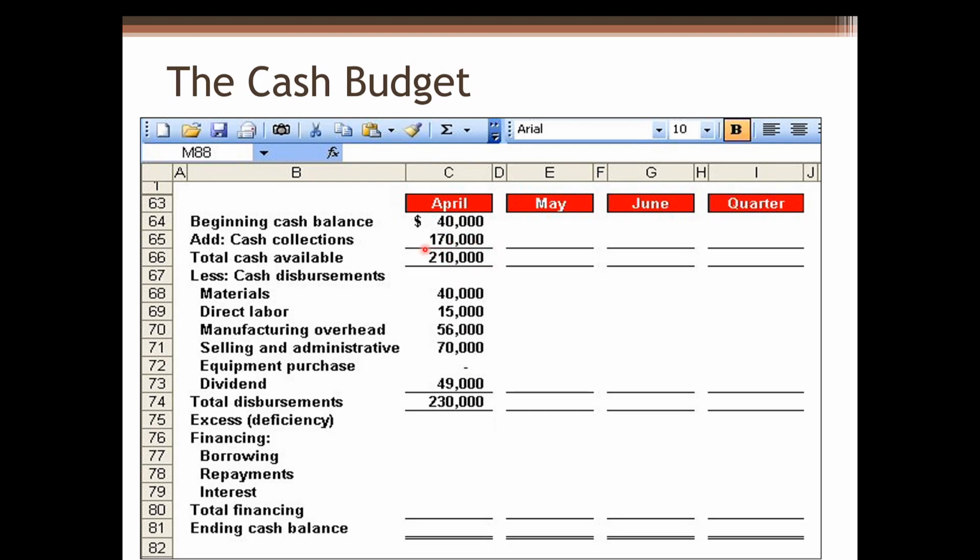So we get the total cash available, beginning balance plus cash collections, $210,000. And then we subtract all cash payments for materials, direct labor, manufacturer overhead, S&A, equipment purchase, or dividend. These numbers are from the budgets we've prepared.